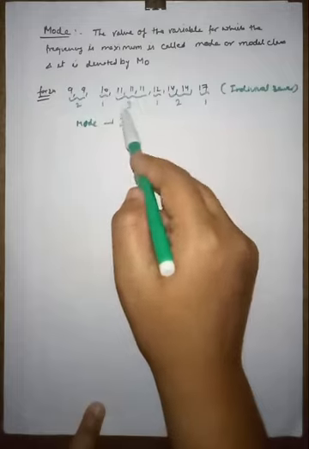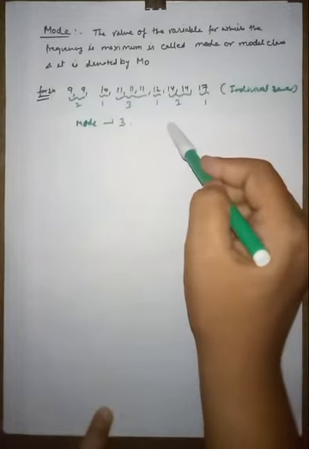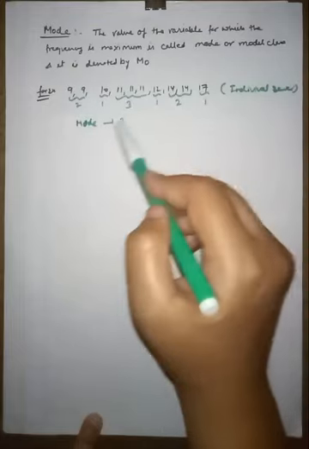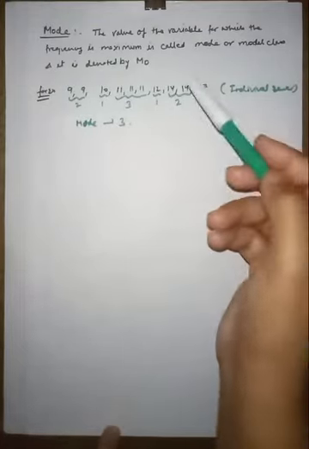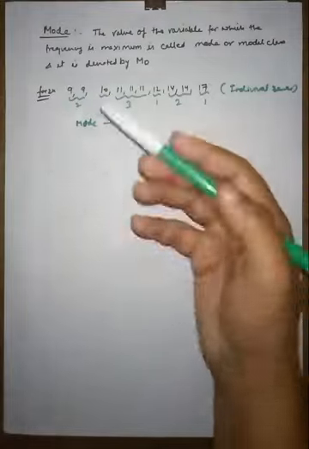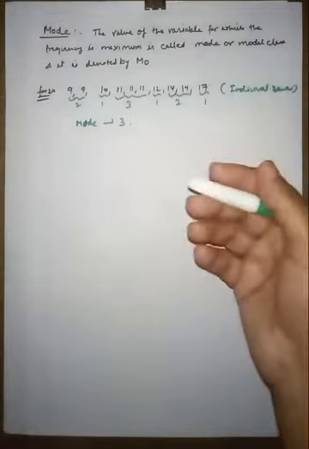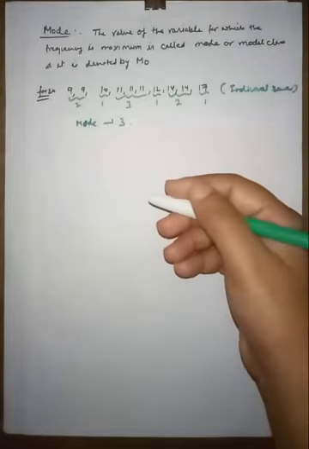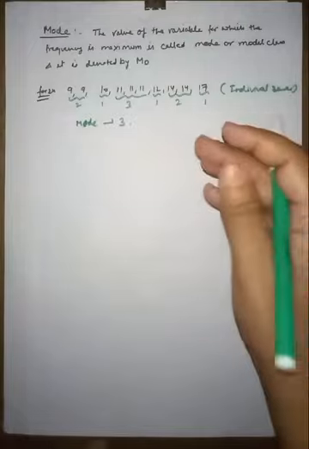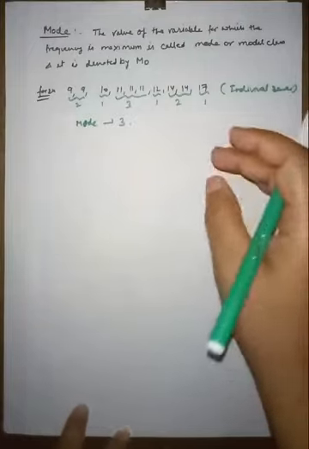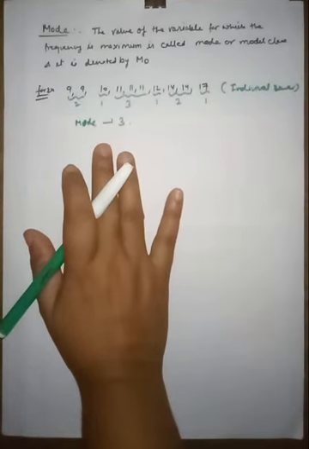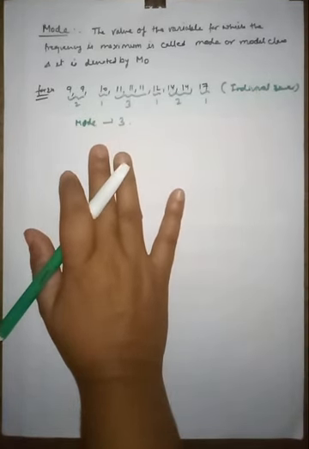If there are three values with maximum frequency, this distribution is called trimodal. And if there are two or more values with maximum frequency, so there may be two or more modes, such a frequency distribution is called multimodal, right friends? This is the note you must remember.